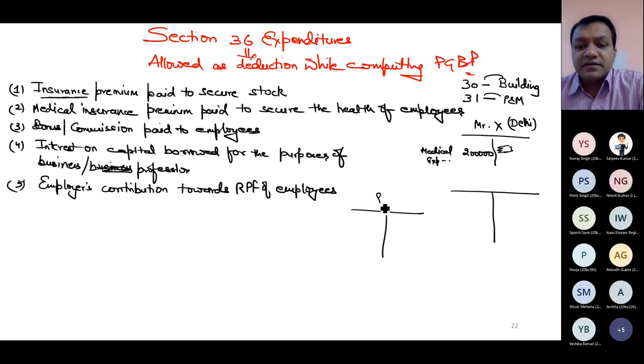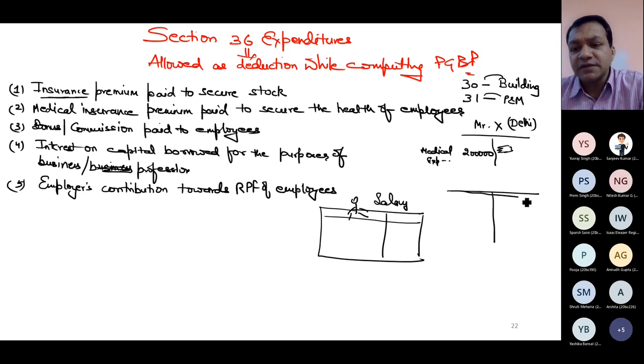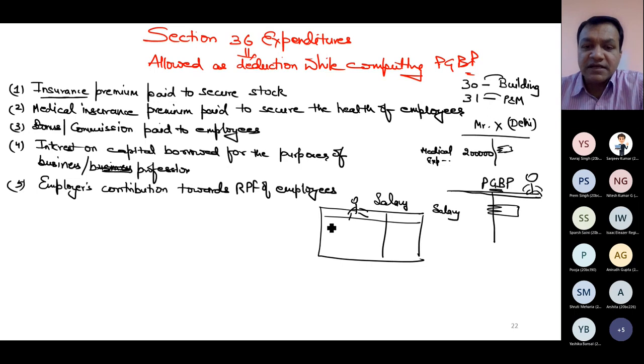In salary, the taxable calculation was going on, and here the employee was an individual who is receiving something. Now this assessee is a businessman. Whatever salary he was giving to the employees, he was showing on the debit side, and the same salary this employee was showing as income.